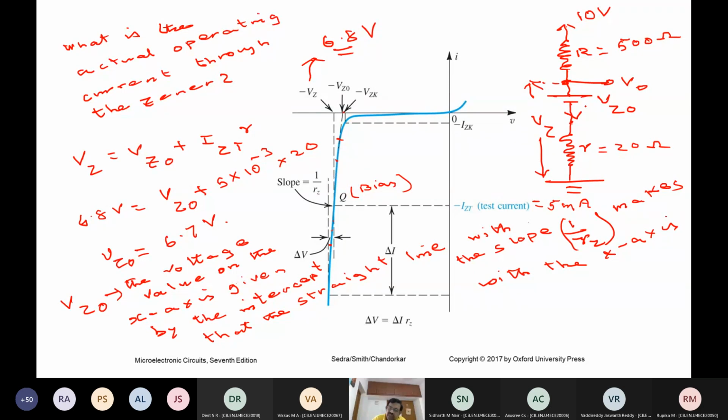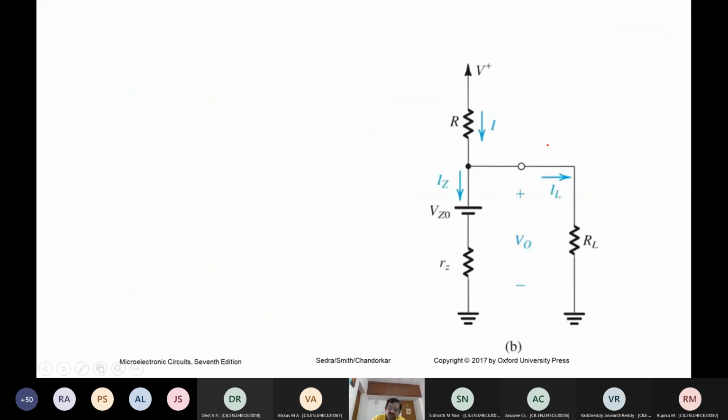Therefore, this VZ naught is the kind of voltage that is the starting voltage, with which you find what is the maximum current, because we can consider here the change in voltage to be very small. So that diagram is shown here. Assume that this part IL is not there and we are only estimating that.